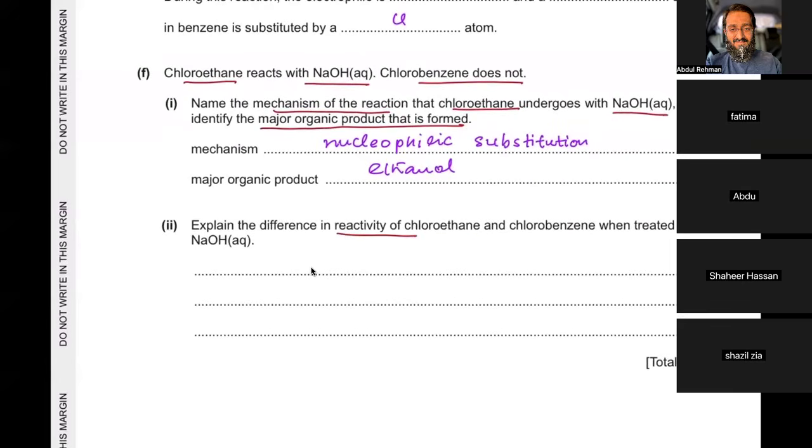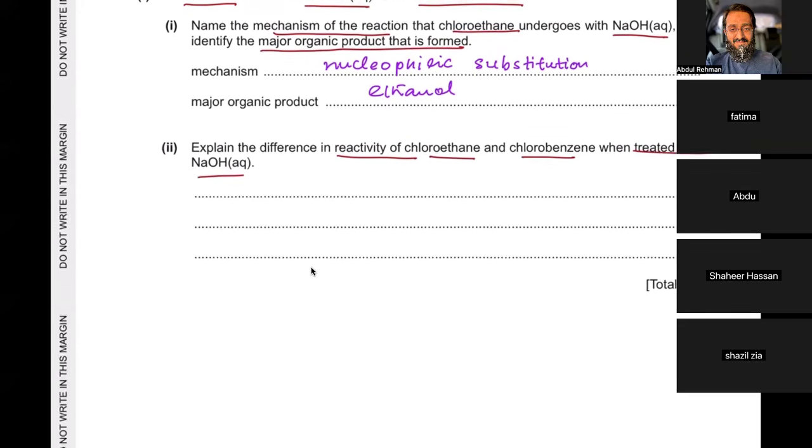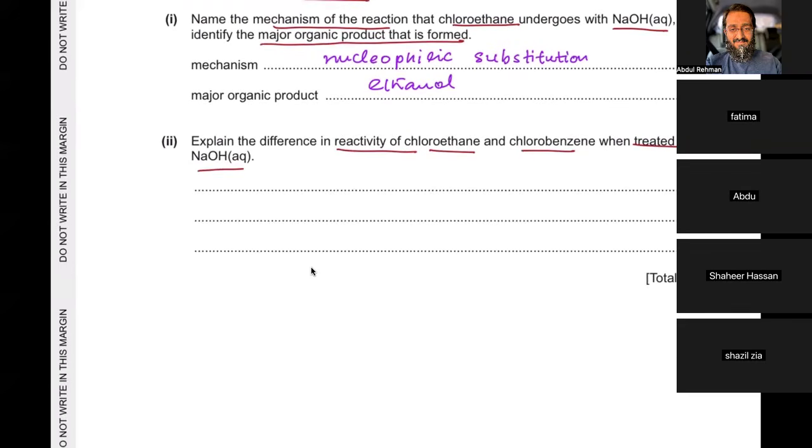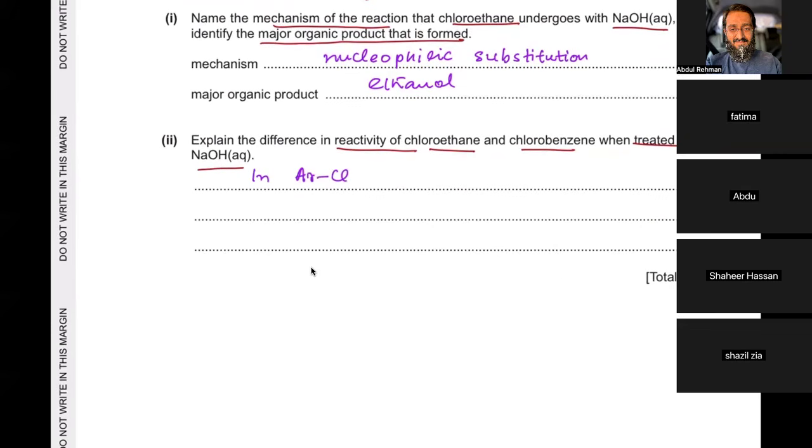Explain the difference in reactivity of chloroethane and chlorobenzene when treated with NaOH. So in chlorobenzene, Ar means aromatic.